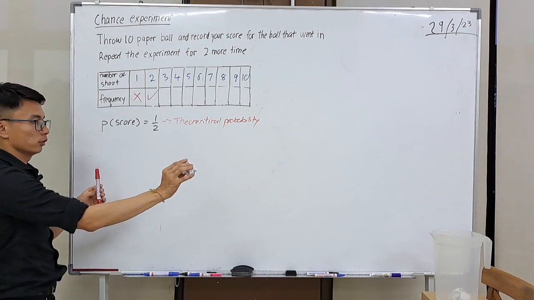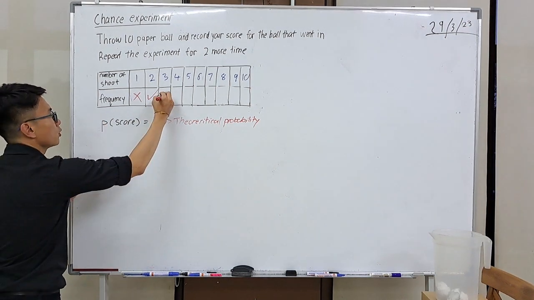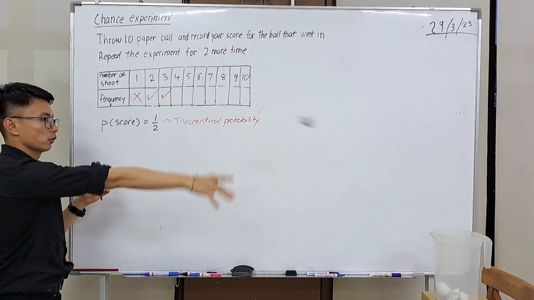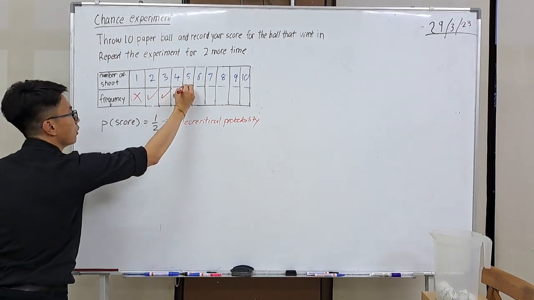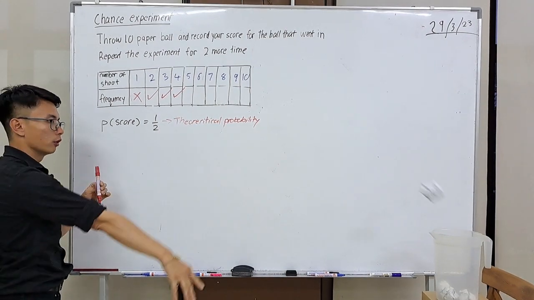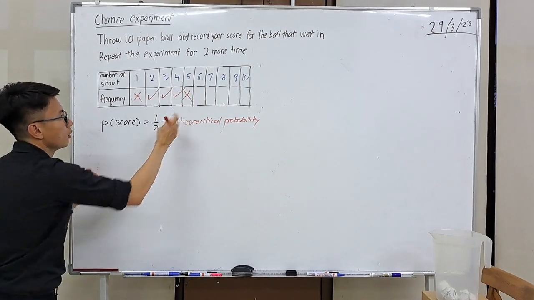Third one, score. Fourth one, score. Fifth one, miss.